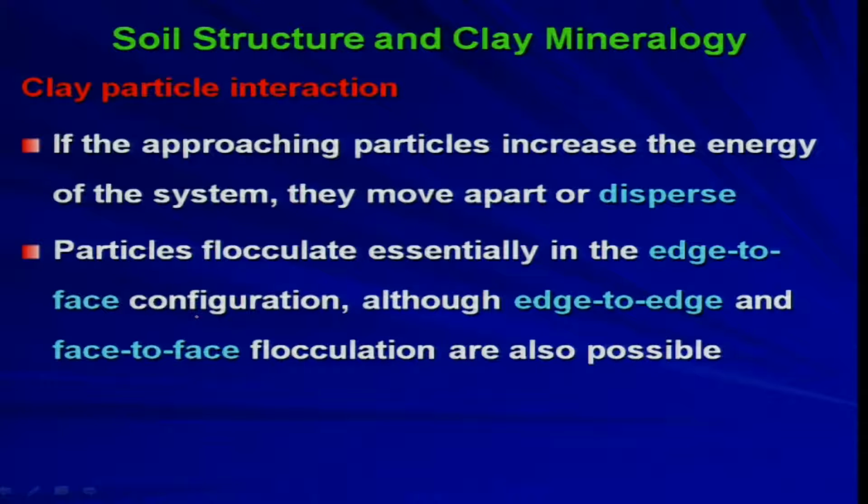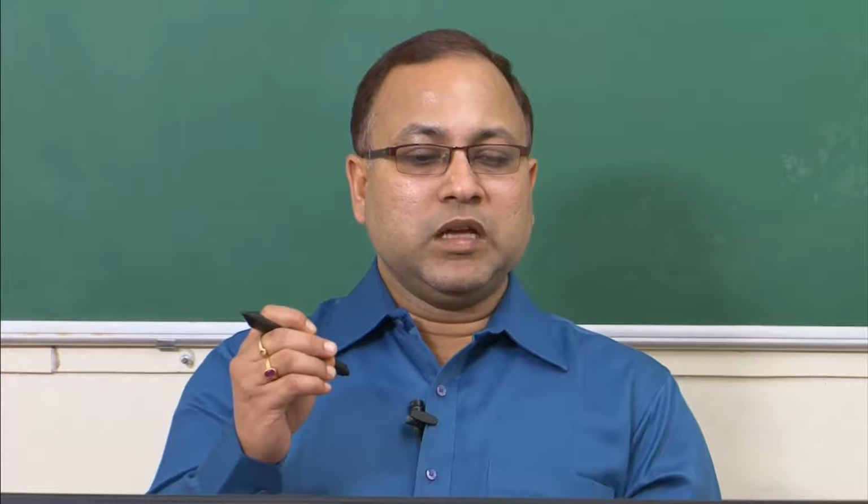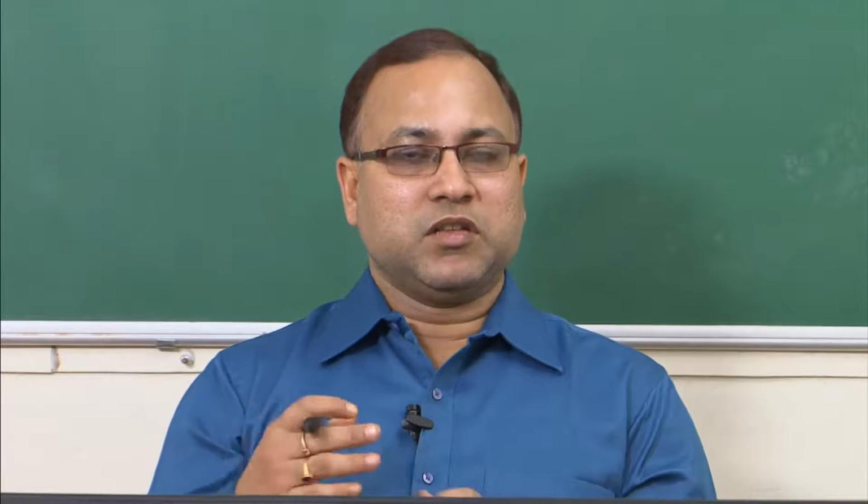Particles flocculate essentially in the edge to face configuration. We will come to that point later in the next slide. What do you mean by edge to face configuration? That means the edge of the particle will be flocculated to the face of another or surrounding particle.